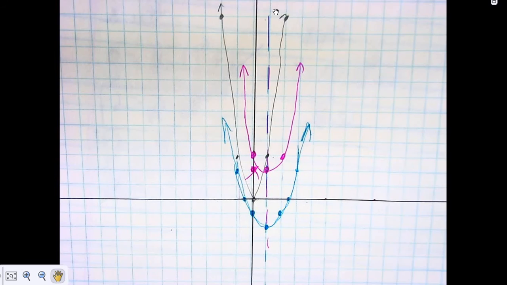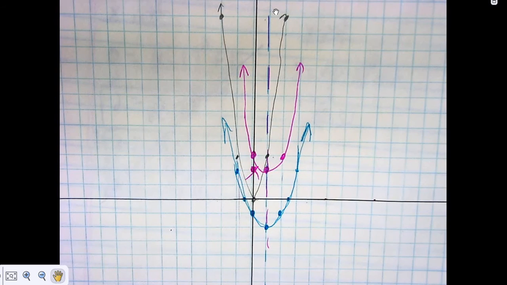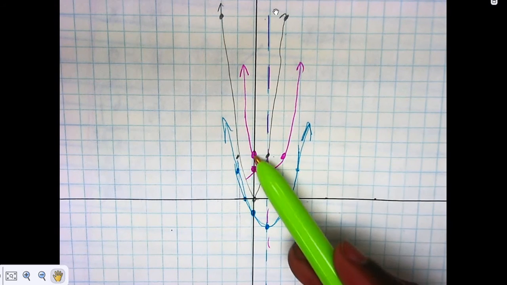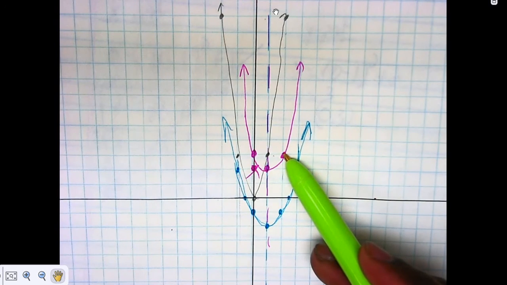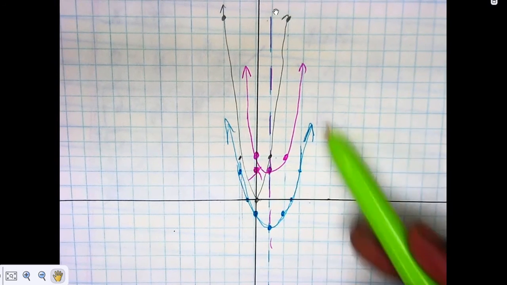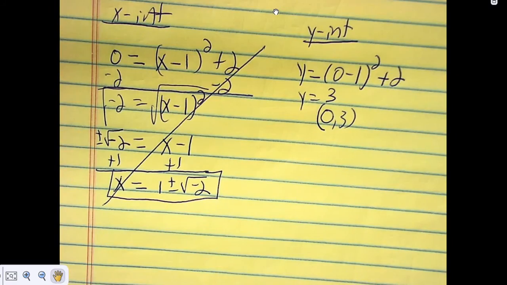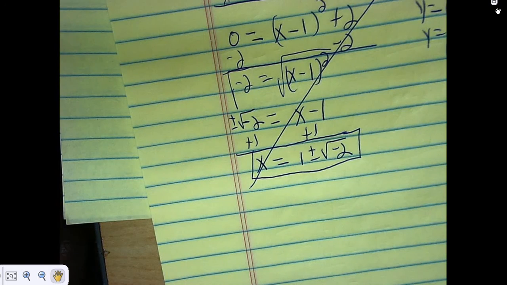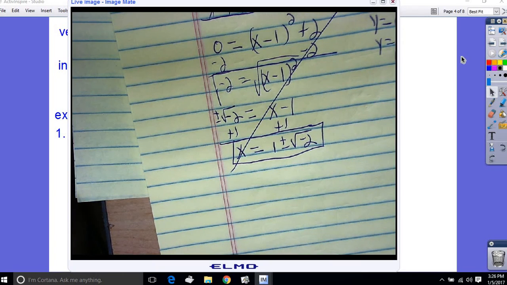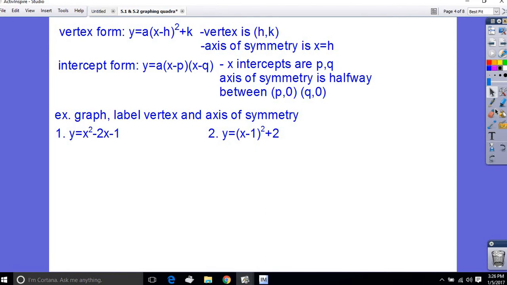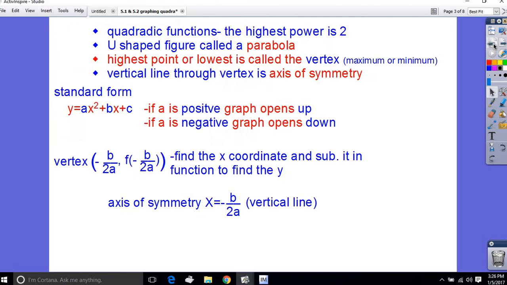Could I have made a table? Sure, I could have. But really knowing the y-intercept let me find that point, and knowing the vertex, I was able to get a good sketch of what the graph looks like. So in summary, to finish up these weird notes that I'm using on a different program, you can graph by using a table.